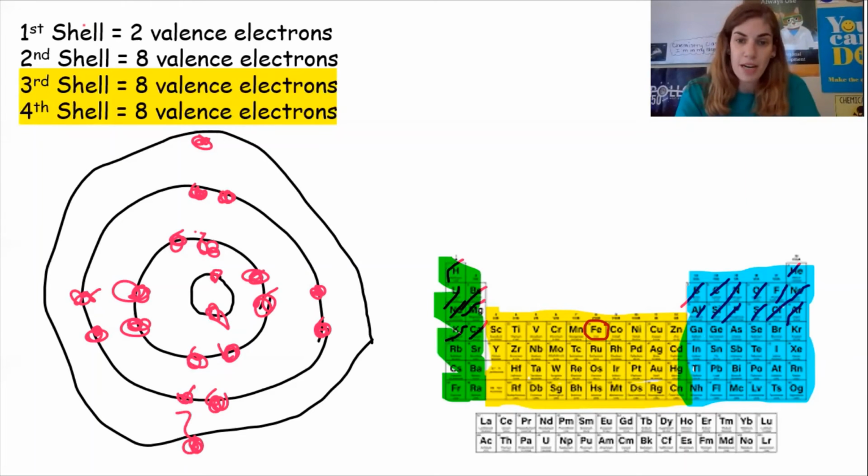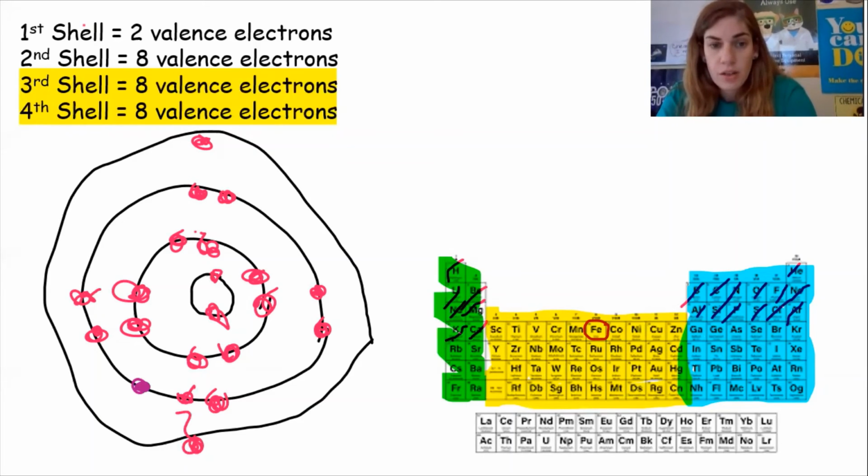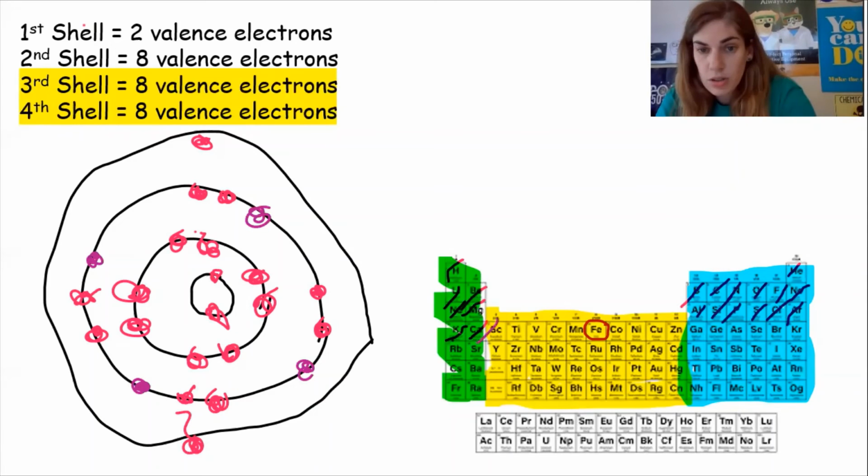So what ends up happening is instead of continuing to fill up the fourth shell, I go back and I fill out the third shell even more. Starting with scandium, I go in and I fill this out and I go 1, 2, 3, 4. So again, I can just kind of keep track. 1, 2, 3, 4.